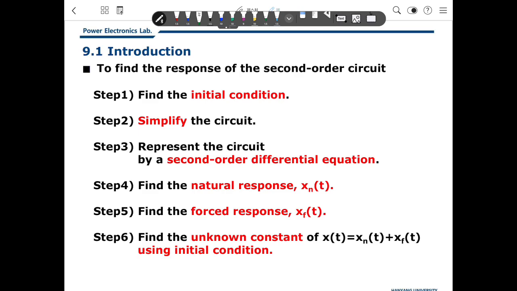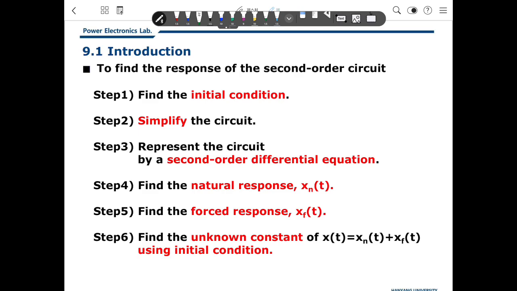At first, I will tell you how to solve the second order circuit. It's very similar to chapter 8 when you solved the first order circuit, because this circuit is represented by a differential equation.